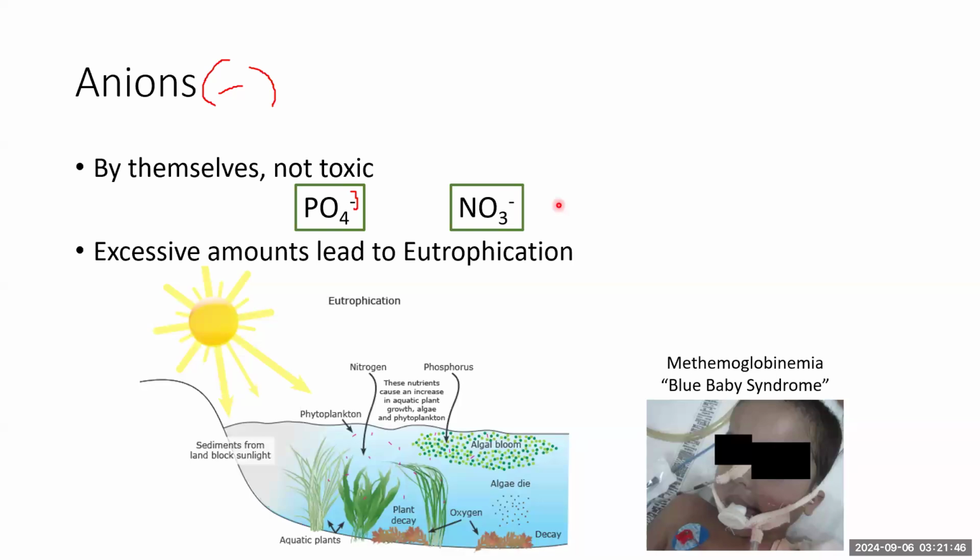Organisms need these compounds to grow, especially plants, especially algae, my lovely algae. They love nitrate and phosphate, especially phosphate, way too much phosphate. So when you have too much of this phosphate and nitrate in habitats, especially aquatic habitats, we're worried more about eutrophication in aquatic habitats than in terrestrial habitats.